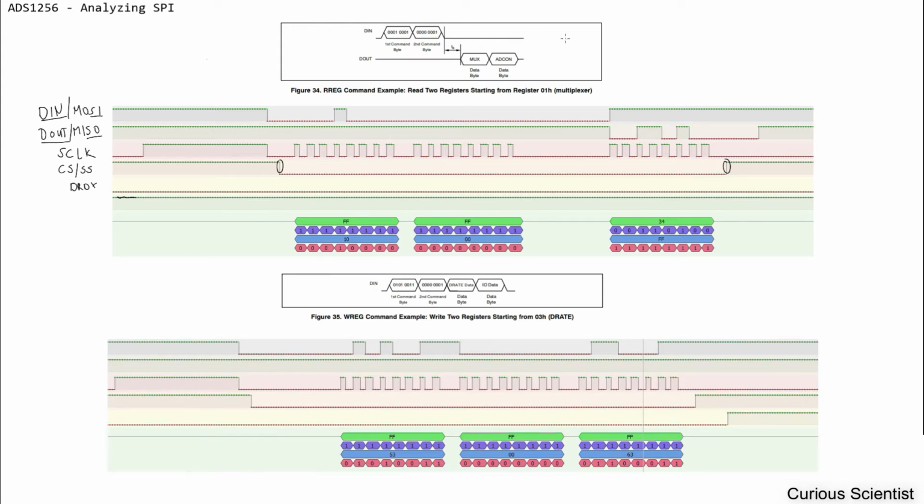So let's see what we have. I copied this picture from the datasheet, and it shows you how to do the communication if you want to read a register. In this case, what I'm showing here is that we are reading register 0, so a read register command and the number 0.